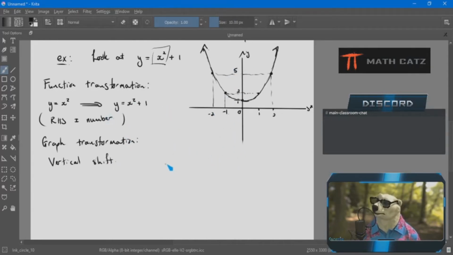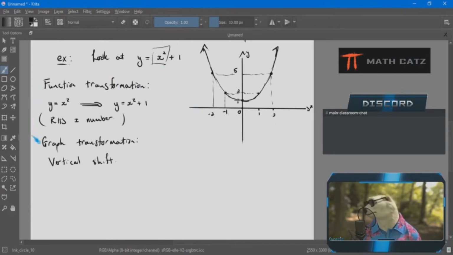Now as we go, we'll see that a function transformation like this might always give me a similar graph transformation. And for different things I do to the function, different but consistently so, different things are going to happen to the graph.